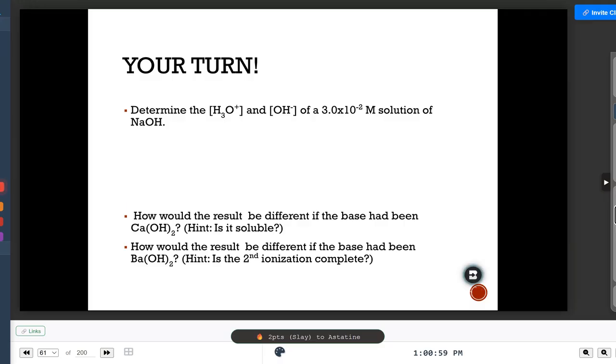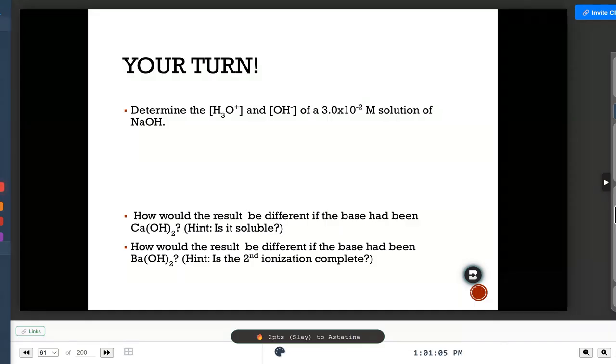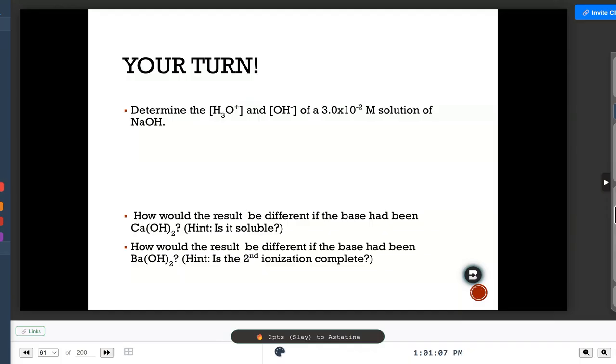All right, so then that lets us solve problems like this. You can see here, it says determine the hydronium and hydroxide ion concentration of the 3.0 times 10 to the negative second molar solution of NaOH. What can you tell me about NaOH? It's strong, right? So this is a strong base. All of my hydroxides that are soluble are going to be strong.